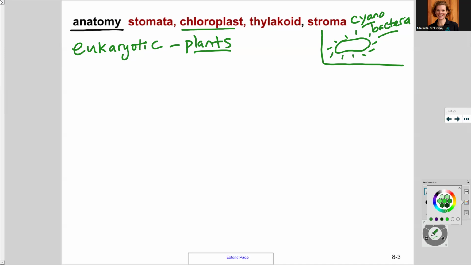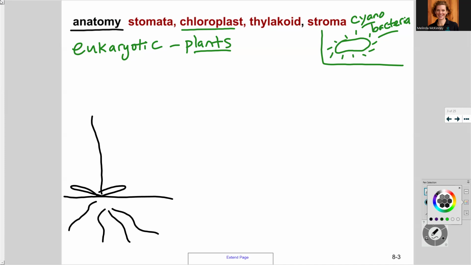But first, we need to get inside of a cell. So if we consider a typical plant, you've got your plant here, and here's the ground, got roots. The leaf is the part of the plant where photosynthesis generally occurs. Honestly, any part of a plant that's green is probably capable of photosynthesis.